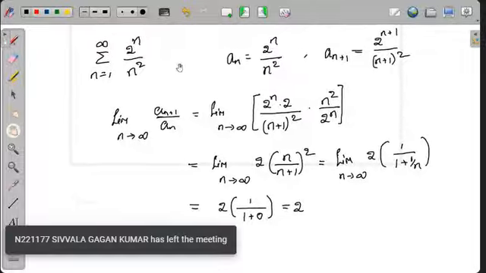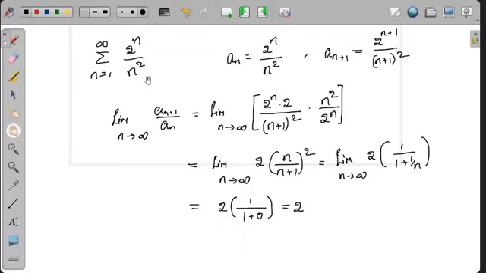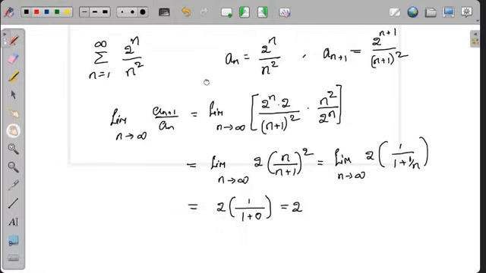The limit is 2. And don't get the confusion between the limit comparison test and ratio test.